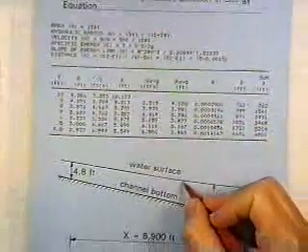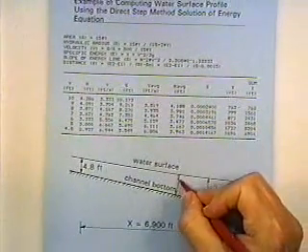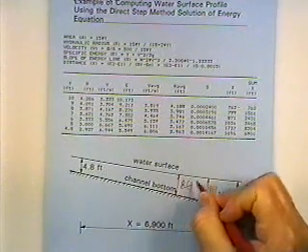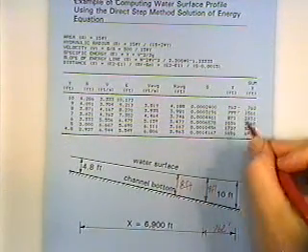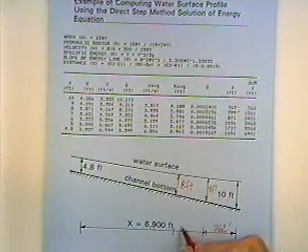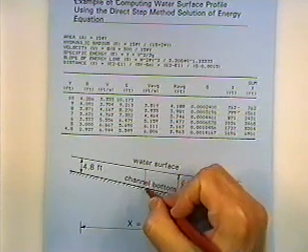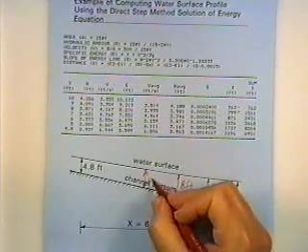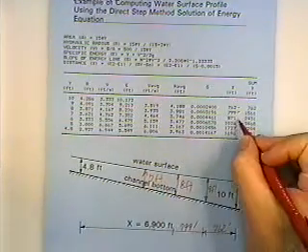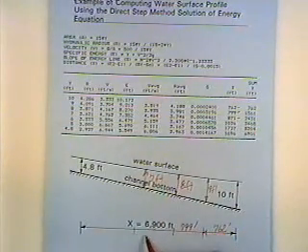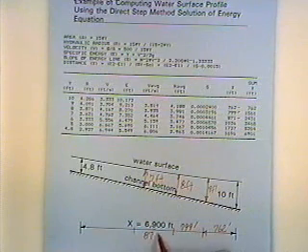And then someplace the depth is 8 feet. I did the same computations and got 799 feet here. And then someplace here the depth is 7 feet. Used the energy equation, got a horizontal distance here of 871.